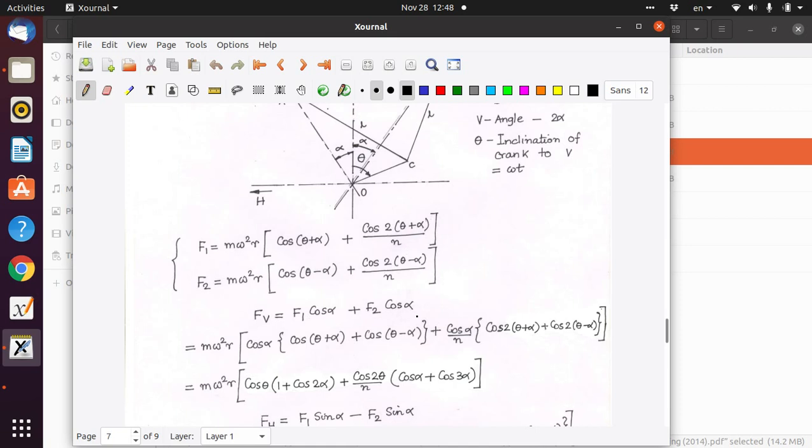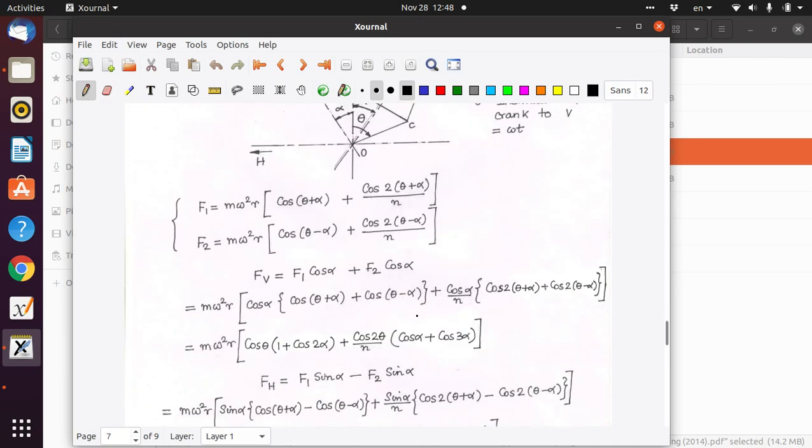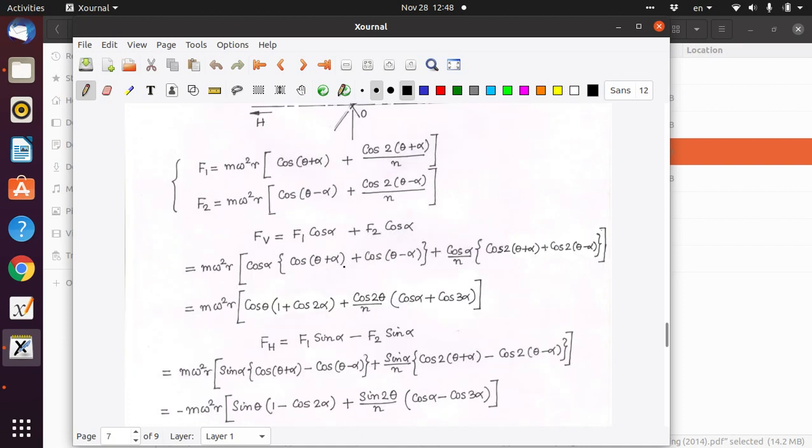So this is the unbalanced force along the vertical direction, coming from the primary part and from the secondary part. If you expand this and do a little manipulation, you get: cos theta into (1 plus cos 2 alpha) and cos 2 theta by n into (cos alpha plus cos 3 alpha).